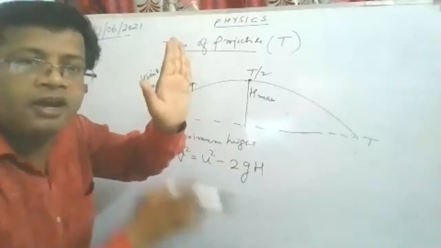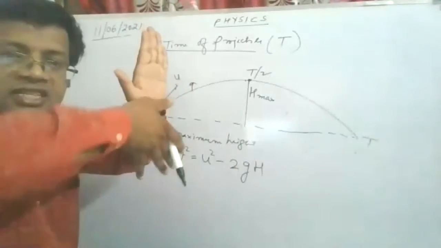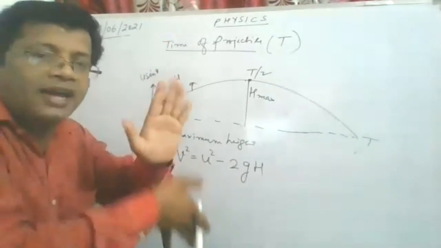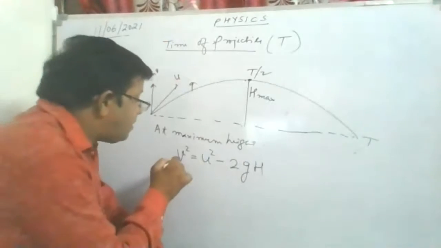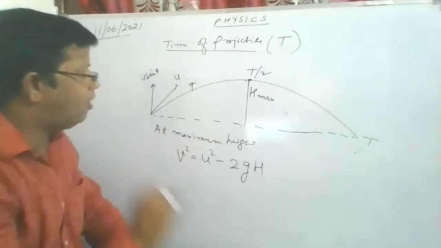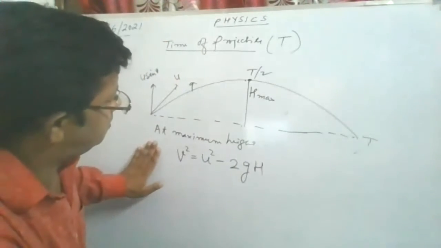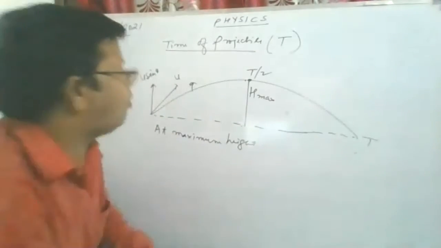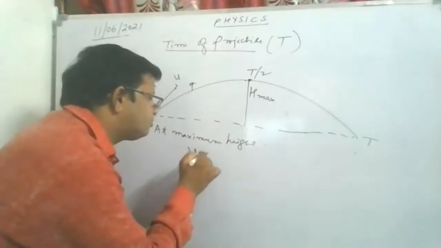When we throw any body, gravity acts in the downward direction, acceleration due to gravity is downward, so it is minus 2g, beta. We will use this later. Let us use the first formula, beta.